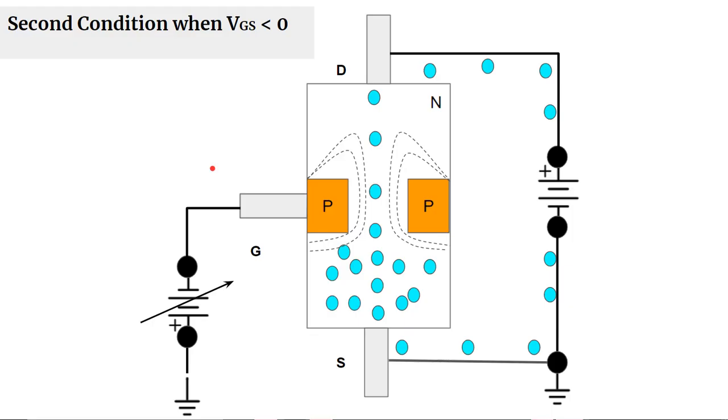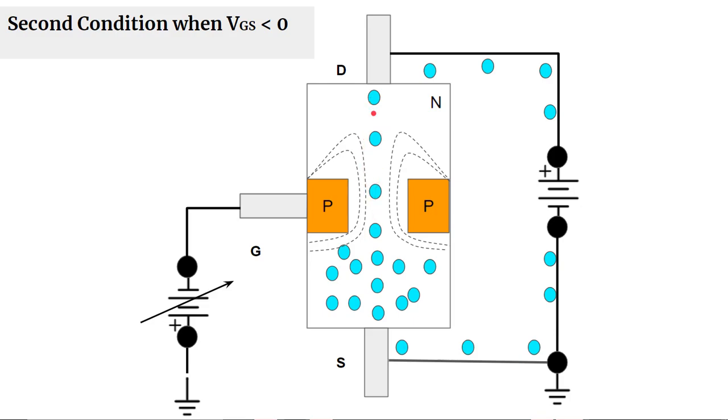So now what is the cutoff voltage or VGS off? You further keep on increasing the gate to source voltage after the pinch off voltage. A point will be reached when these two p-n junctions will completely block this channel.